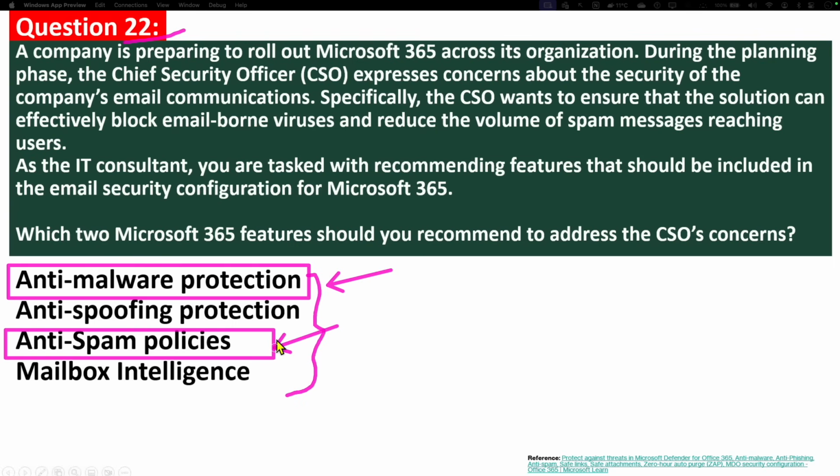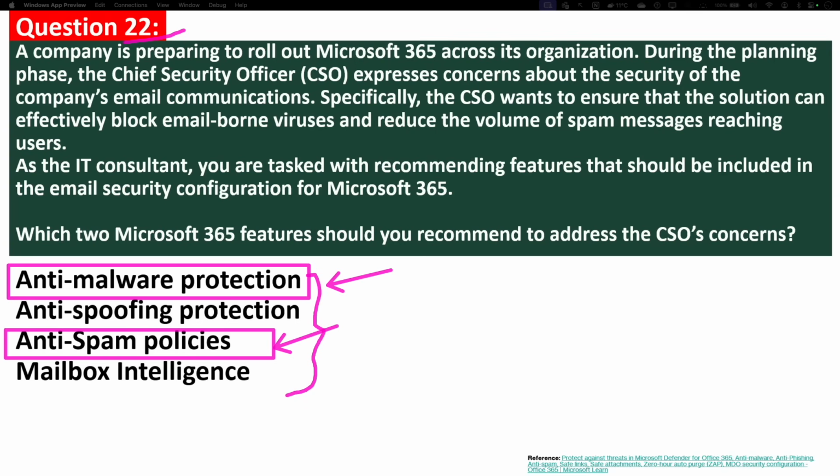Now let's understand what anti-spam policies are. Anti-spam policies are rules and filters used to detect and block unwanted or harmful email messages, commonly known as spam. These policies help prevent phishing attacks, scams, and junk mail from reaching users' inboxes.